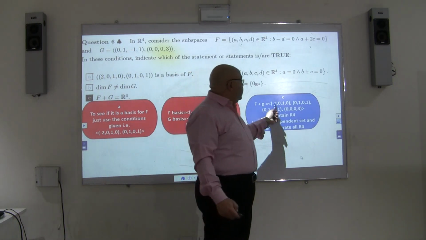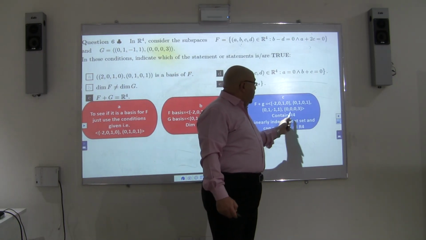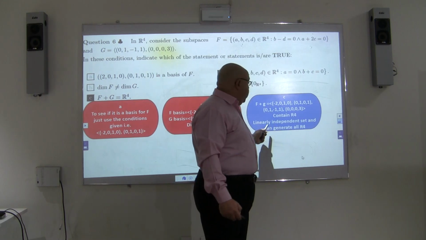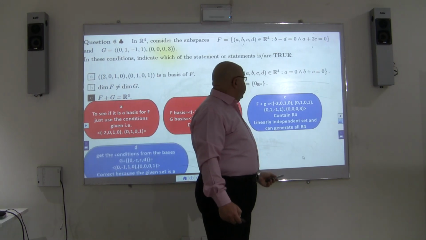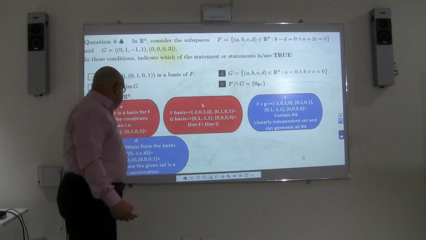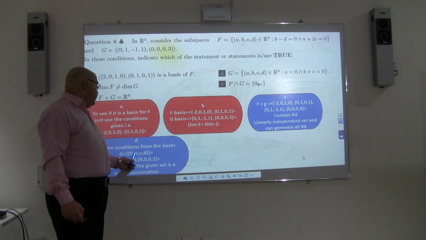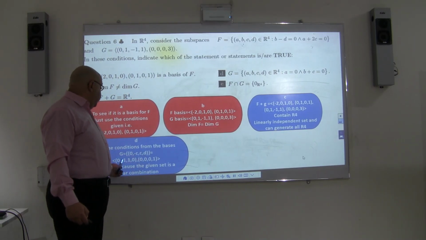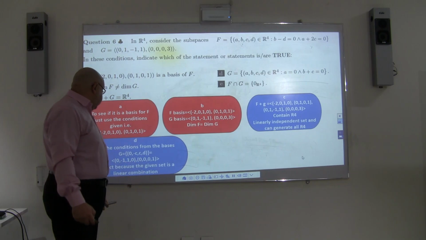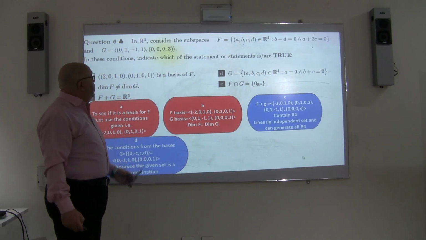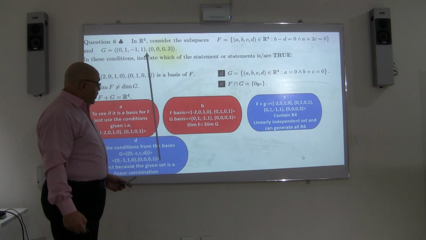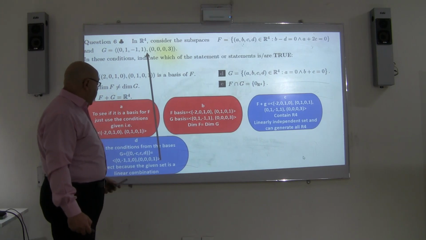Number C, the basis is going to be the 4 vectors, 2 for F, 2 for G, and all of them are independent. Number D, you will have 0, negative 1, 1, and 0, and triple zeros, which is a linear combination from any vector in R4 or from this one.